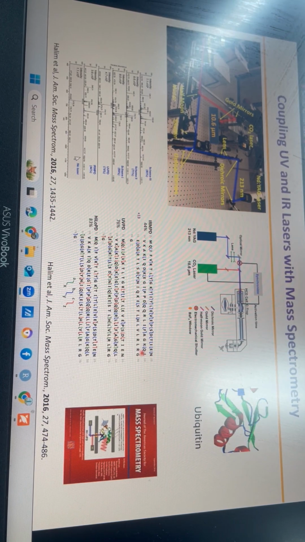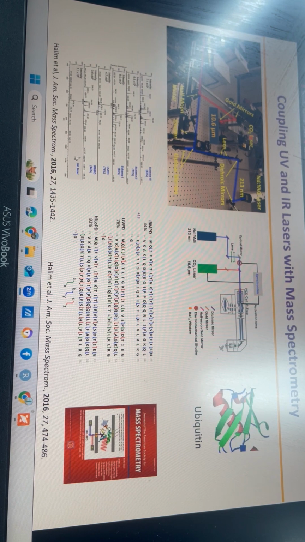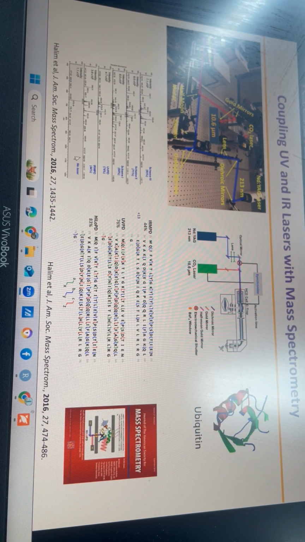So this is the sequence of the ubiquitin. Sequence means all the amino acids present inside the ubiquitin. When we used the IR laser or CO2 laser, we saw that it mostly breaks the carbon-nitrogen bond, which is actually the b/y fragments.